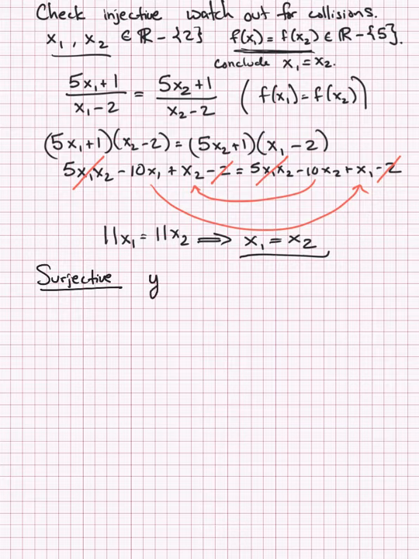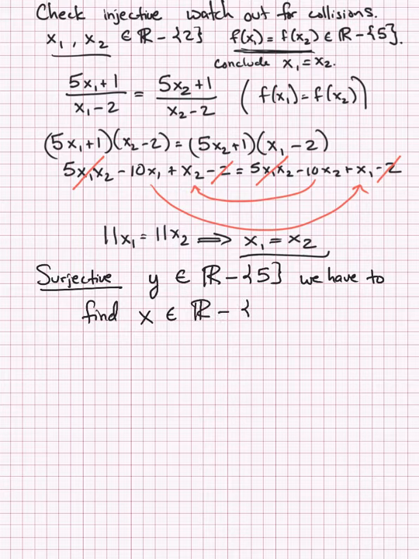Now we're going to take, I'll call it y, so we're going to take y in our range, and we have to find an x in the domain so that f of x is equal to y.